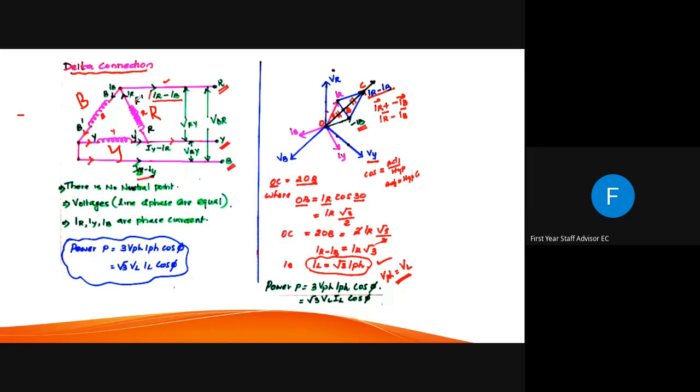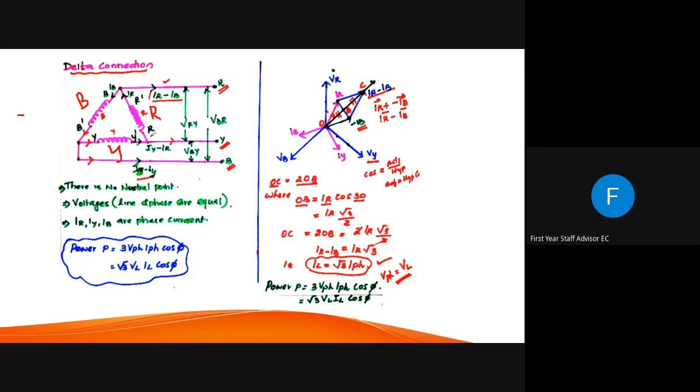Along with R dash we connect B, along with B dash we connect Y, and along with Y dash we connect R. Please note that there is no neutral point in a delta connection.